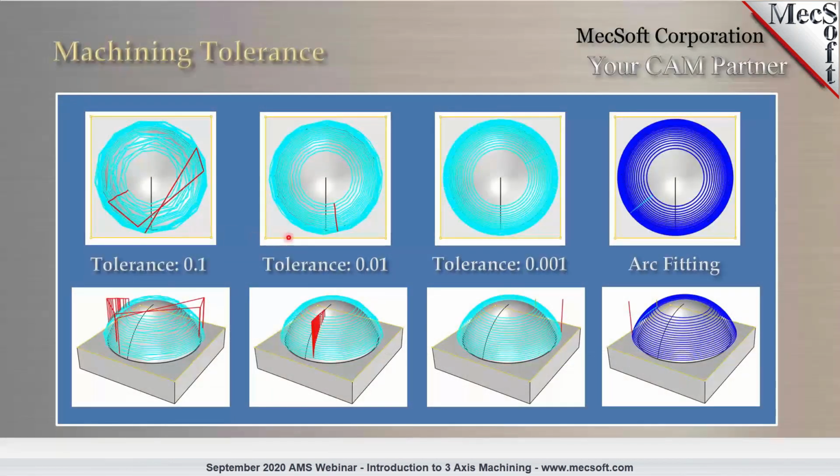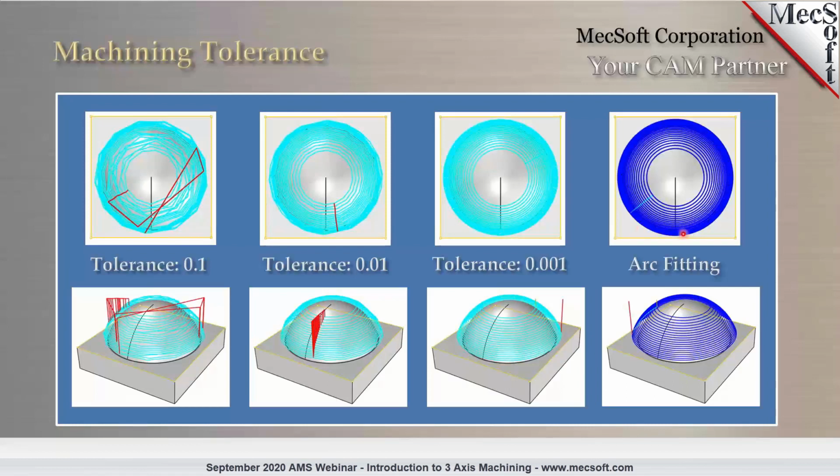And you can see the effect of machining tolerance. So a tolerance of 0.1 versus 0.01 and a tau. So basically, the slacker the tolerance, you'll have fewer chord segments; tighter, it'll make it more number of chord segments.